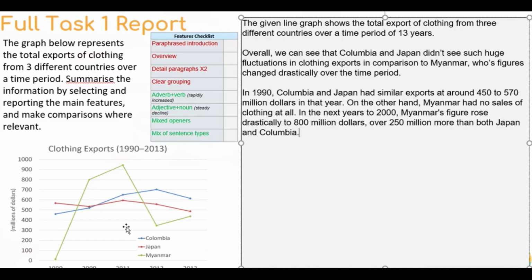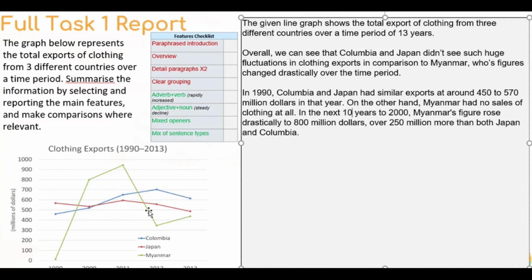Okay, let's have a quick read through. So we've done the first 2 years. I also need to describe 2011. In 1990, Colombia and Japan had similar exports at around 450 to $570 million. On the other hand, Myanmar had no sales of clothing at all. So that's 1990 done. In the next 10 years, so this is why it's important to read your writing back.